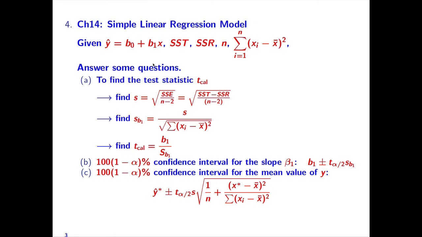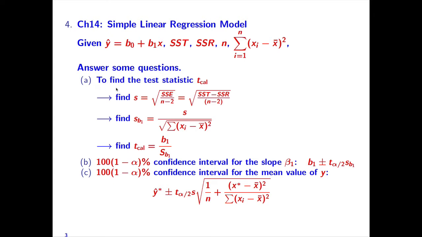And we need to answer some questions. The most difficult problems involve the following 3 topics. One is how to find the test statistic, and the other 2 will be related to the confidence intervals. So let's look at the first one.